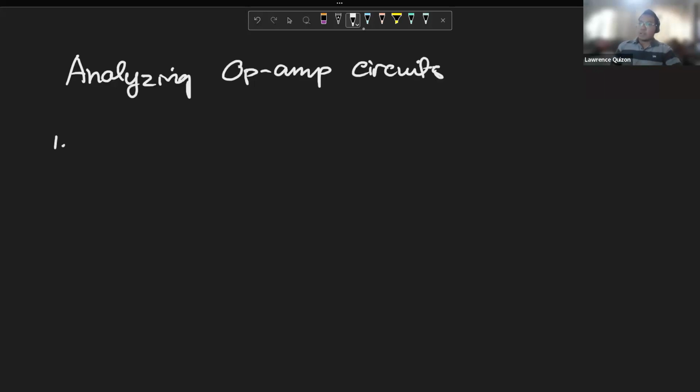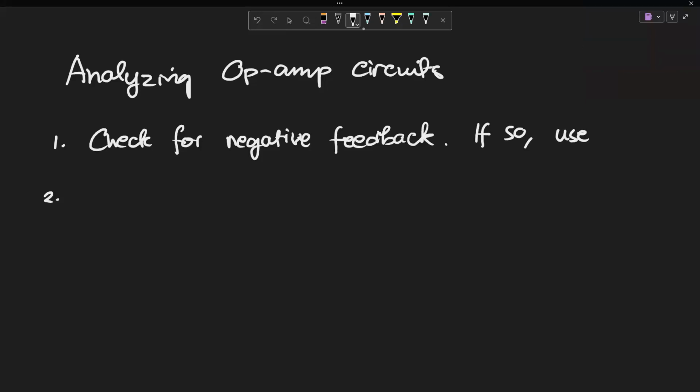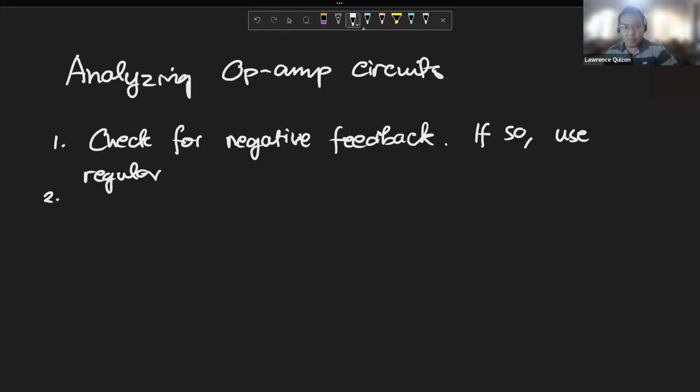So, the steps, no, is check for negative feedback. If so, use yung regular analysis for feedback op-amps.